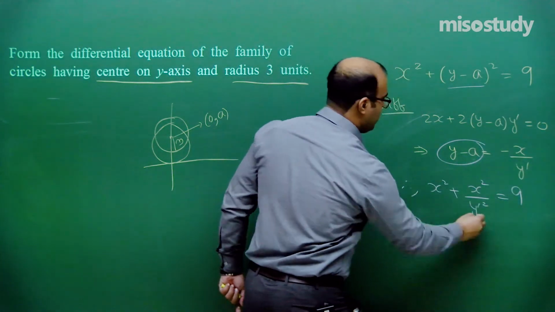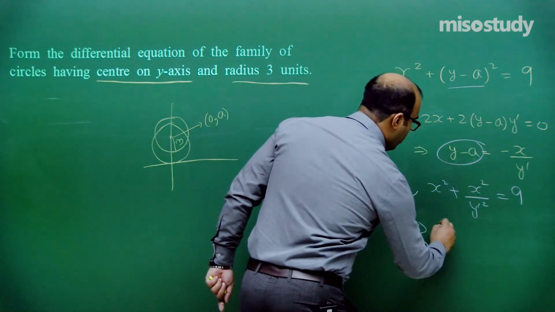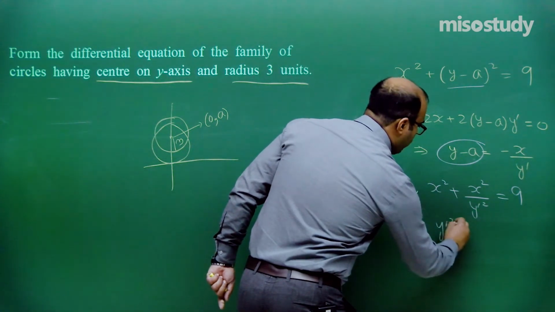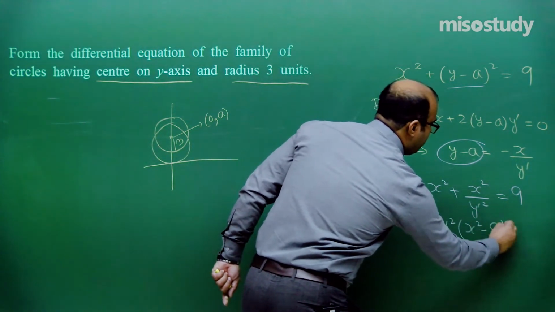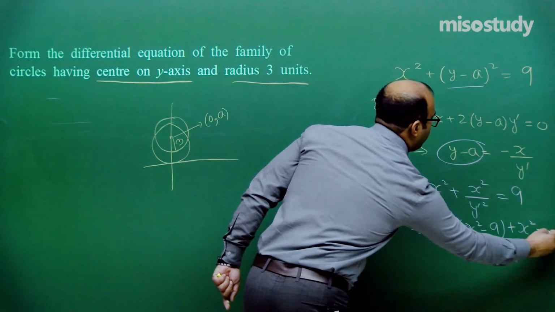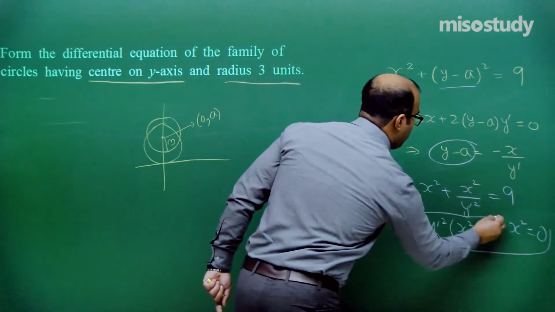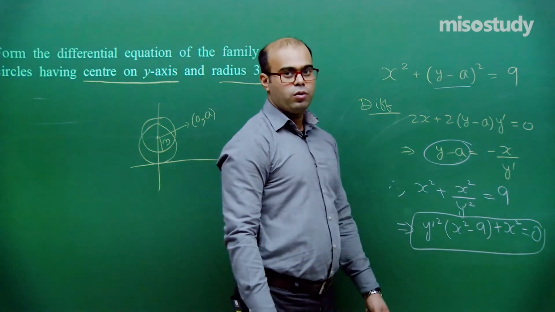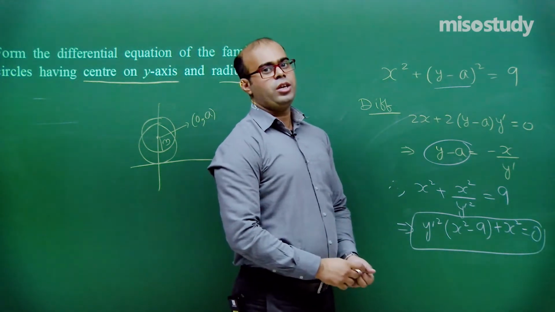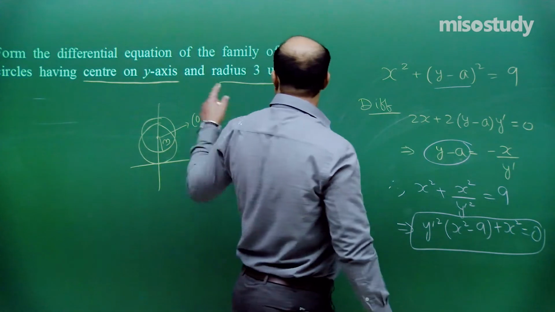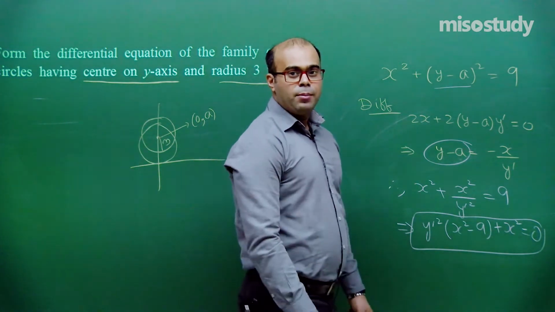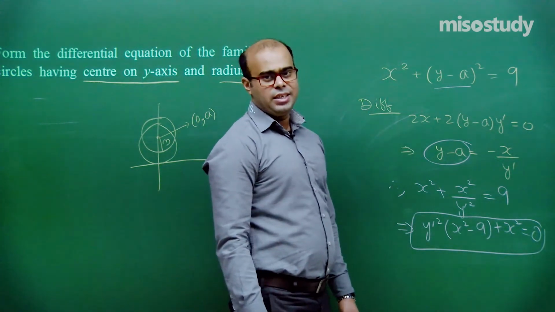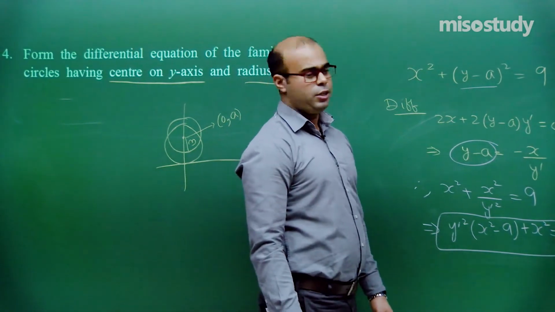After taking the LCM, y dash square x square minus 9 plus x square is equal to 0. After simplifying, x square minus 9 into y dash square plus x square equal to 0 is the differential equation formed when we find the family of all the circles having center on y axis and radius 3 units.